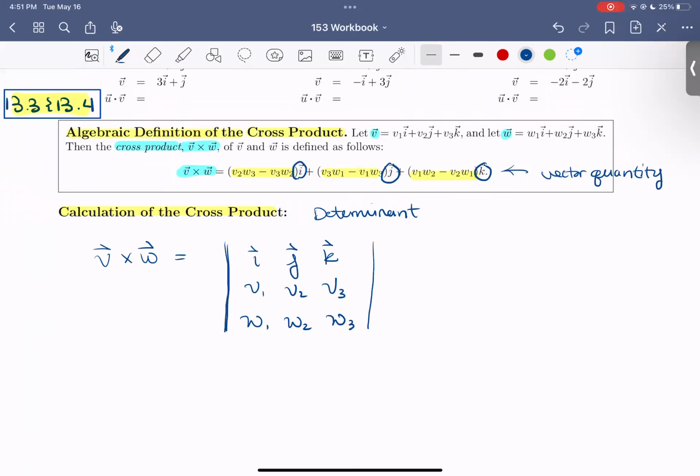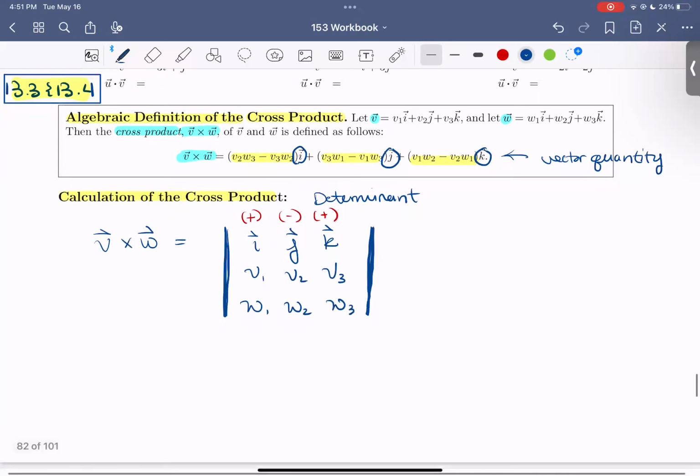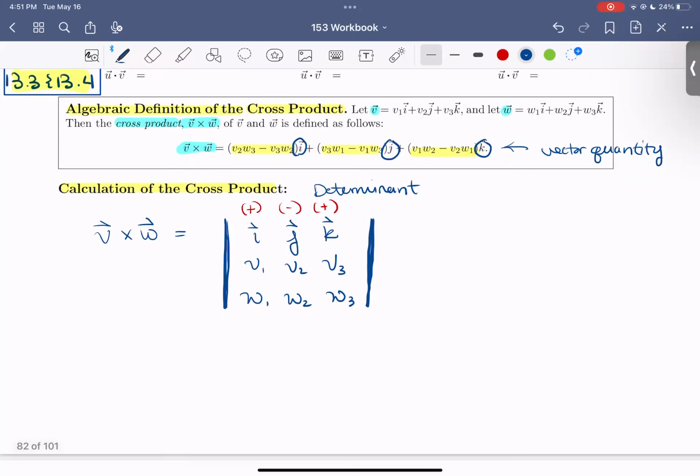That tells us that we're taking a determinant. It's notation for take a determinant of this collection. We also have some signs on our columns: plus, minus, and plus. The operations we do here generalize for bigger arrays of numbers, which you might see at some point in your life. In our class, we're going to be sticking to at most three-dimensional vectors.